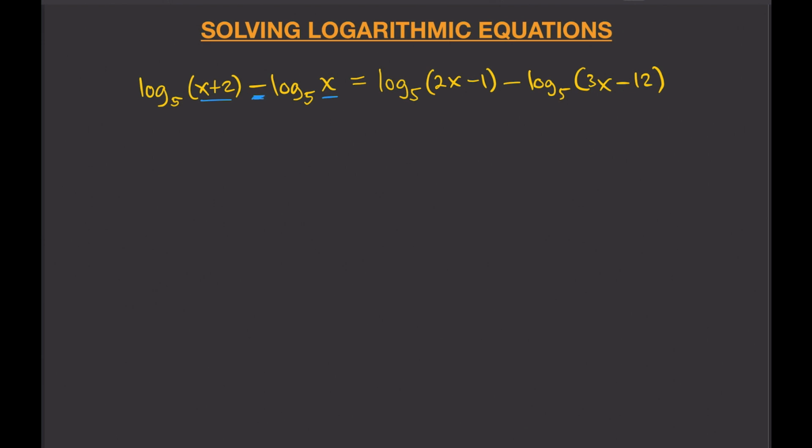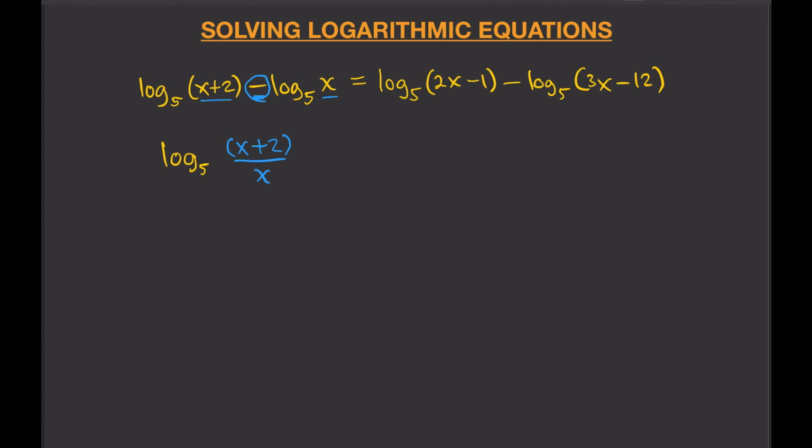So in this case, the operation is a subtraction, and so if we condense this into a single logarithm, then what will happen is we've got a fraction, a division, and that's because of the minus operation, a subtraction operation. If that's plus, then we are to multiply our arguments, but in this case that's minus, so we have to divide.